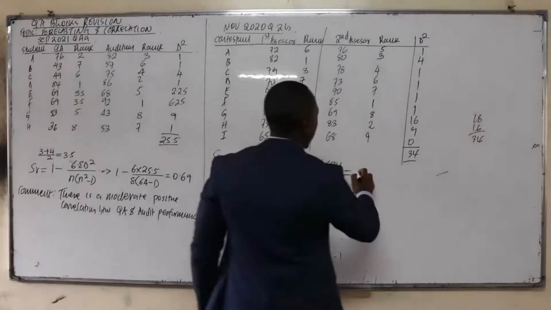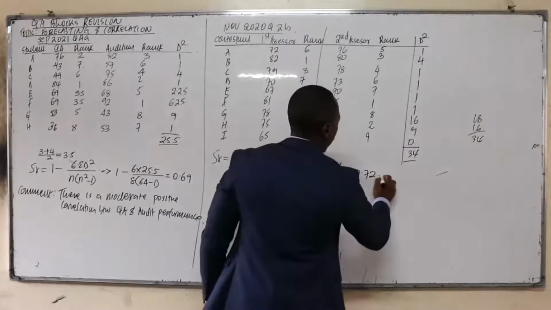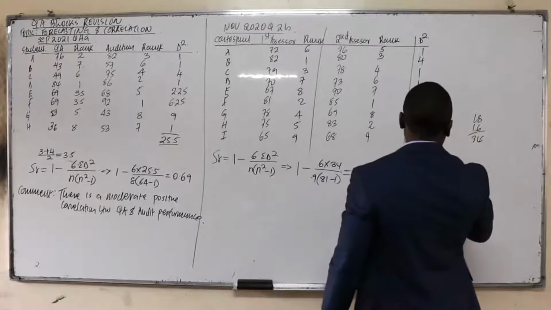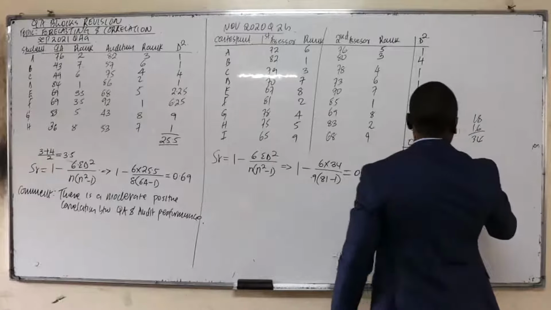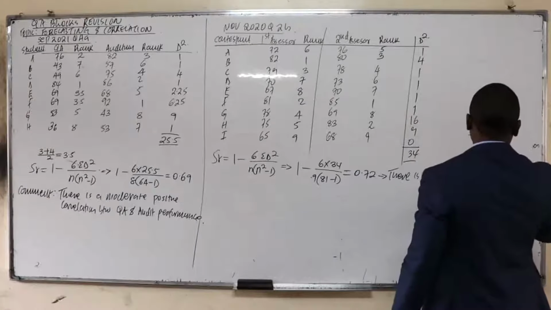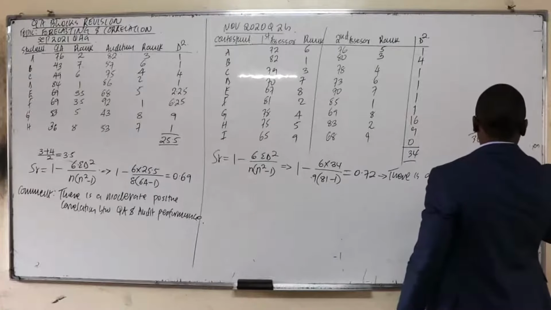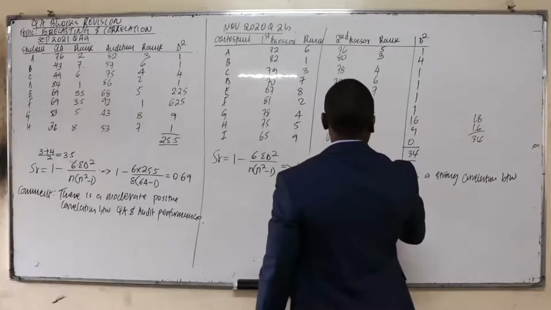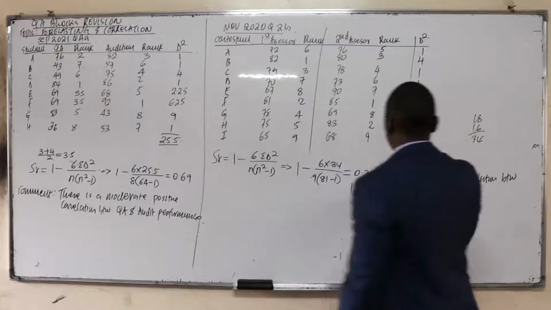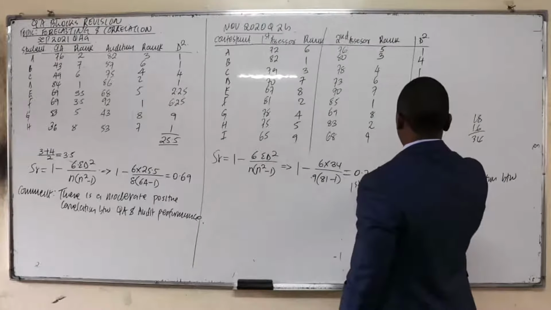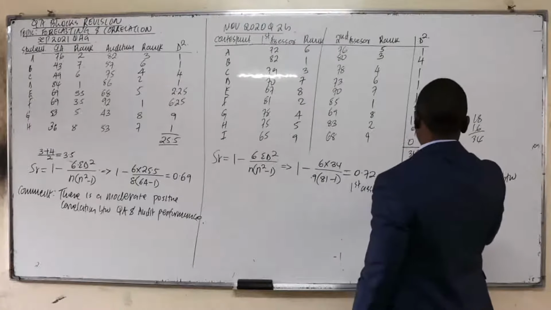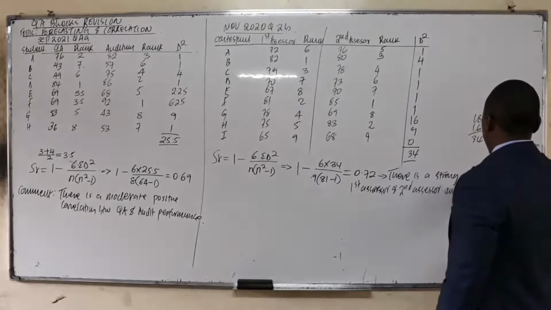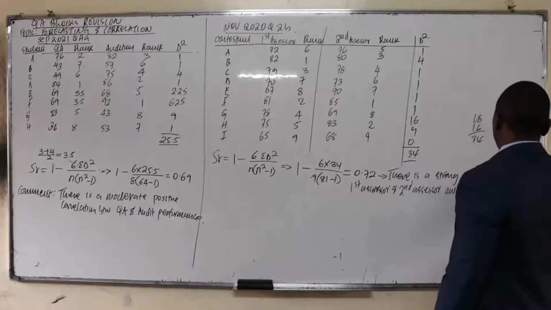This gives 0.72. So this shows there is a strong correlation or relationship between the first assessor and second assessor awarding of marks.